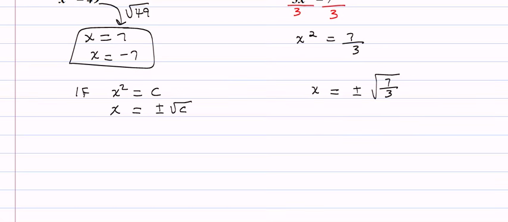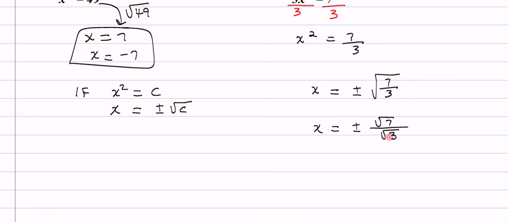Now remember, there's a property of radicals that says if you have a fraction underneath the square root, or under any radical, it could be a cube root for that matter, you could split that up into two separate radicals like this: the square root of the numerator over the square root of the denominator. And we do that because we want to make sure that we don't have any fractions with a square root in the denominator.